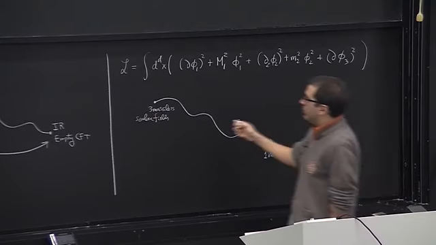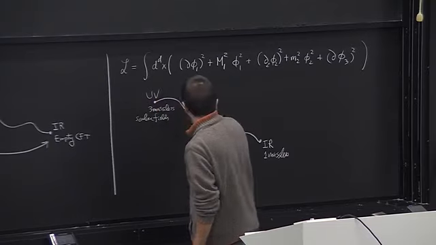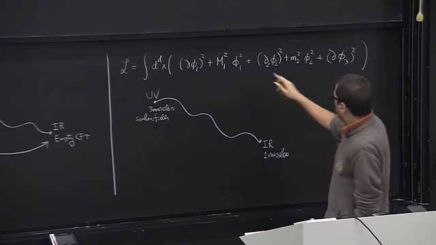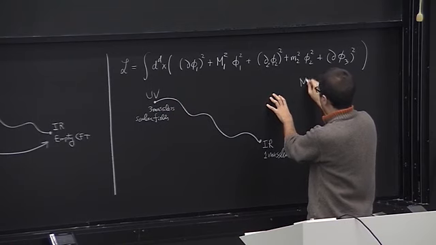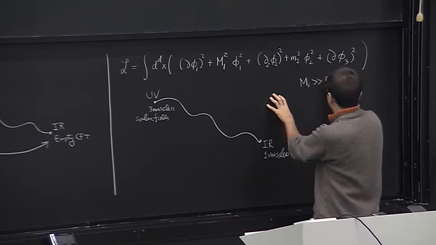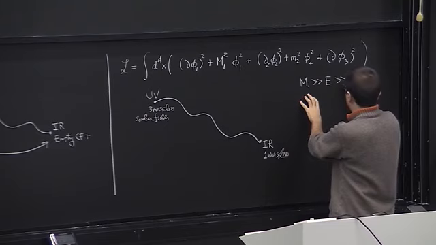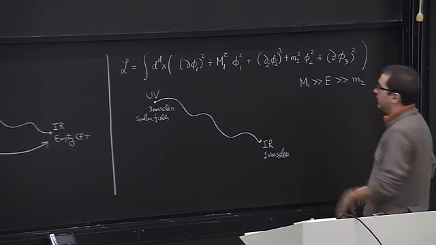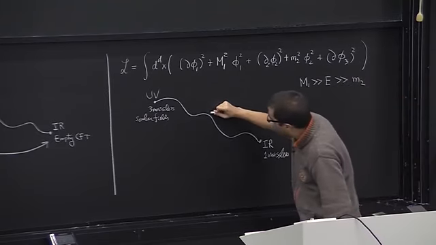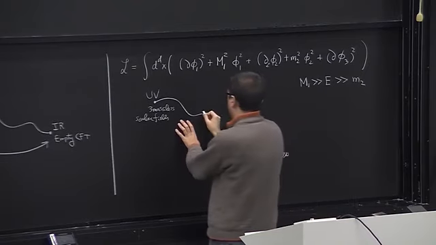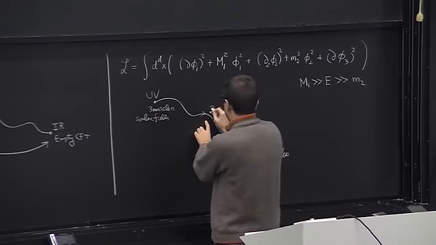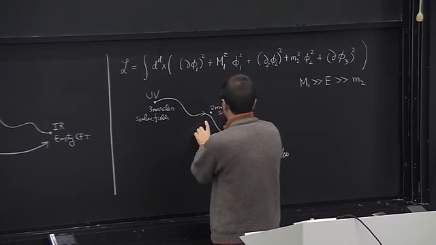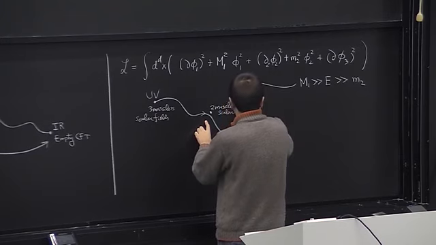But maybe it is nice here to add something interesting. If there is a region where M1 is much bigger than the energies we are considering, which are much bigger than M2, then in practice we are passing very close, not exactly, to a CFT which has two massless scalars in this region.